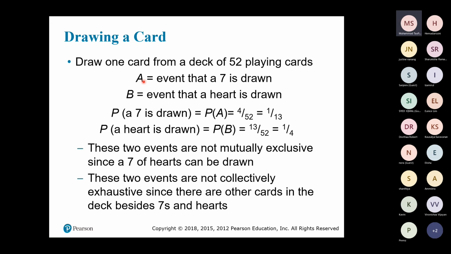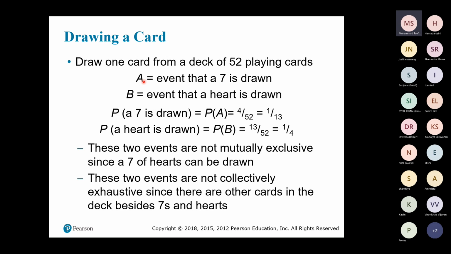And then what is the event? The probability you will draw a card with a heart. So we have 13 cards of heart: ace of heart, 2 of heart, 3 of heart, 4, 5, 6, 7, 8, 9, 10 of heart, J, K, Q of heart.